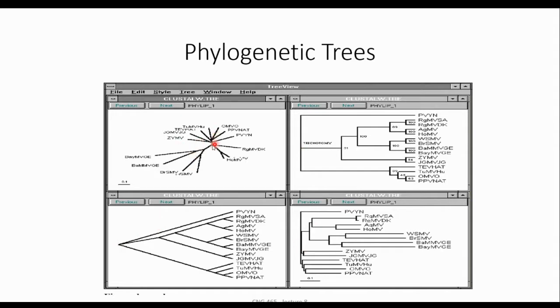And in unrooted trees, sometimes the length of these lines is important. For determining the length of these lines, there are different algorithms and different formulas in order to calculate them. But in the case of rooted ones, we don't care about the length of these lines.